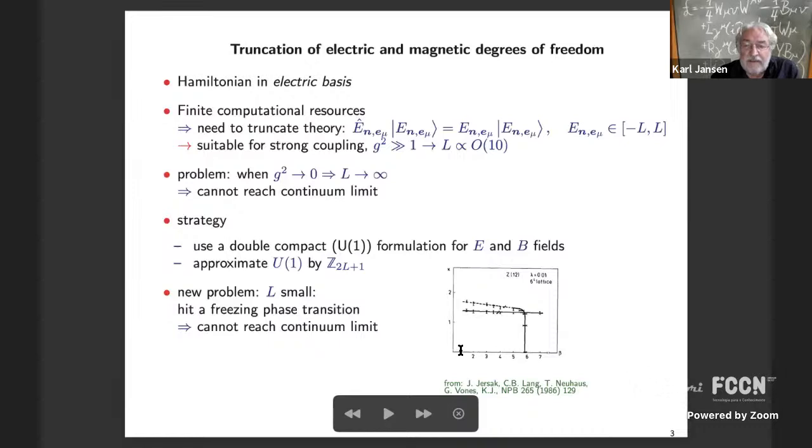Please only look at the line down here, only the x-axis. This is plotted as a function of beta, which is 1 over g squared, so beta infinity here is the continuum limit. If I use, for example, the Z_12 theory approximating U(1), then at some point I reach a freezing transition, after which the system doesn't change at all anymore, which again would mean that I cannot reach the continuum limit.